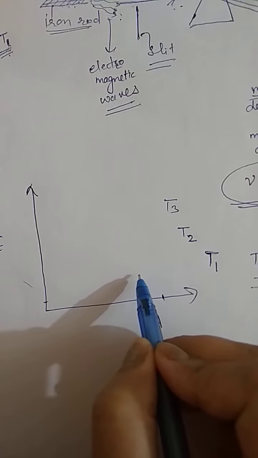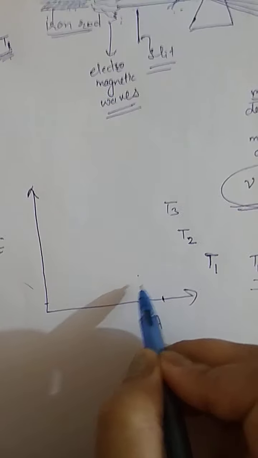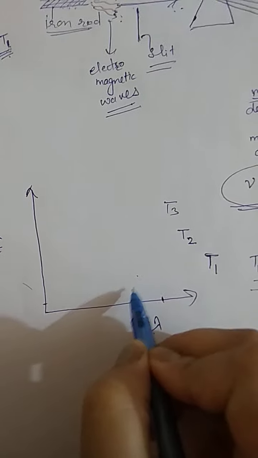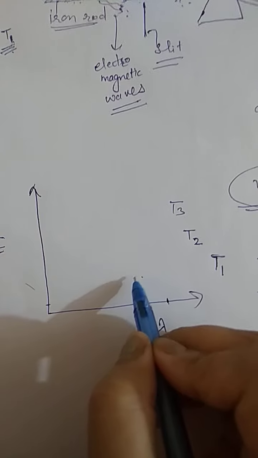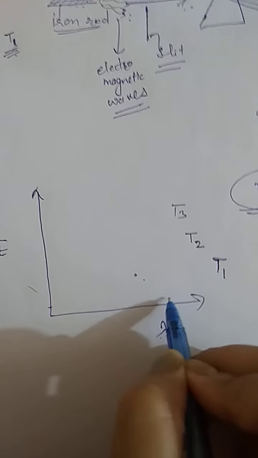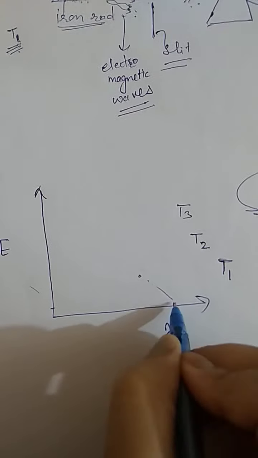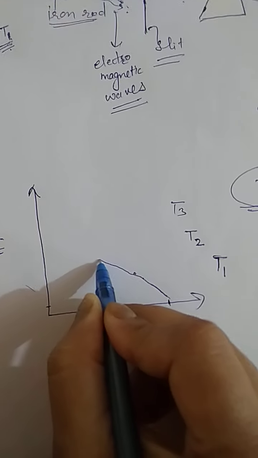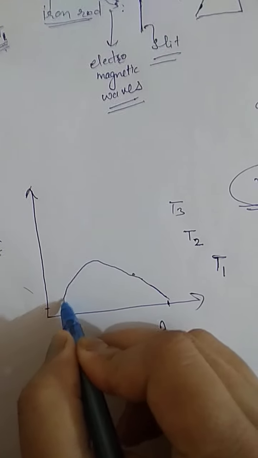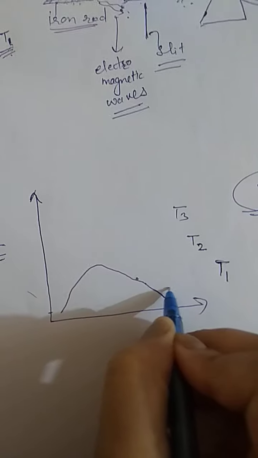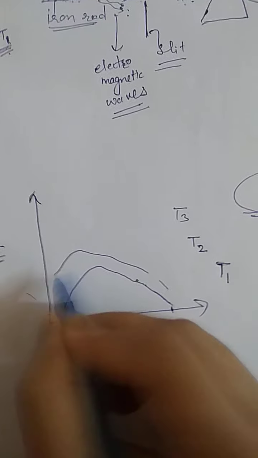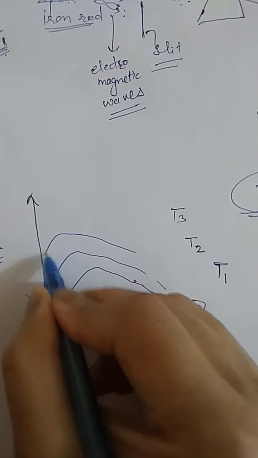When the temperature was T2, the wavelength was somewhere here and the curve was something like this. At T1 it was like this, at T2 like this, at T3 like this.